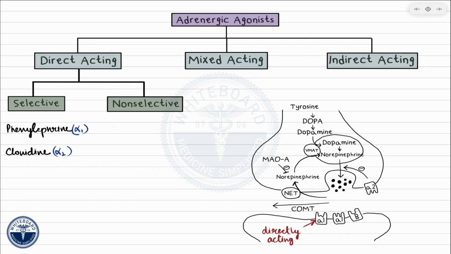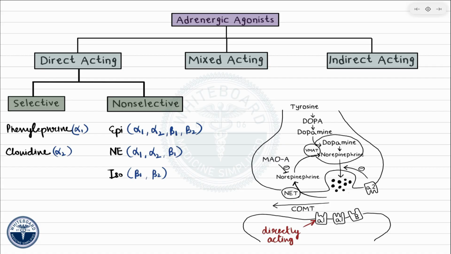For instance, epinephrine stimulates alpha-1, alpha-2, beta-1, and beta-2 receptors. Norepinephrine stimulates alpha-1, alpha-2, and beta-1 receptors, while isoproterenol acts on both beta-1 and beta-2 receptors. Regardless of their selectivity, the defining feature of direct-acting drugs is that they act directly on the receptor itself.